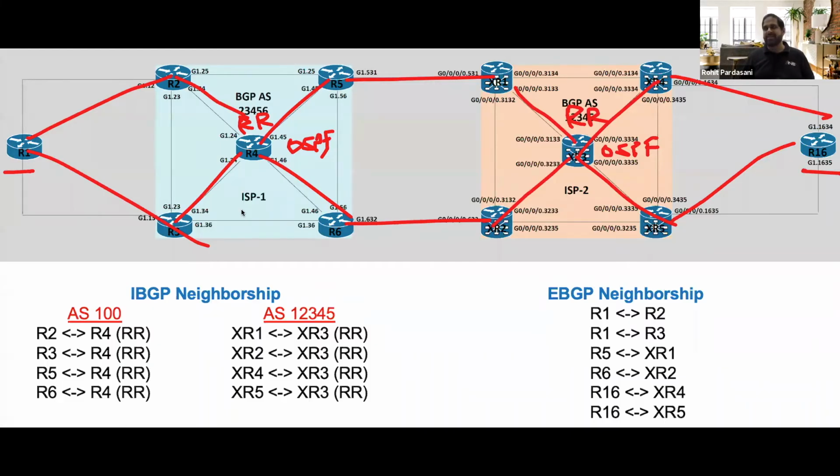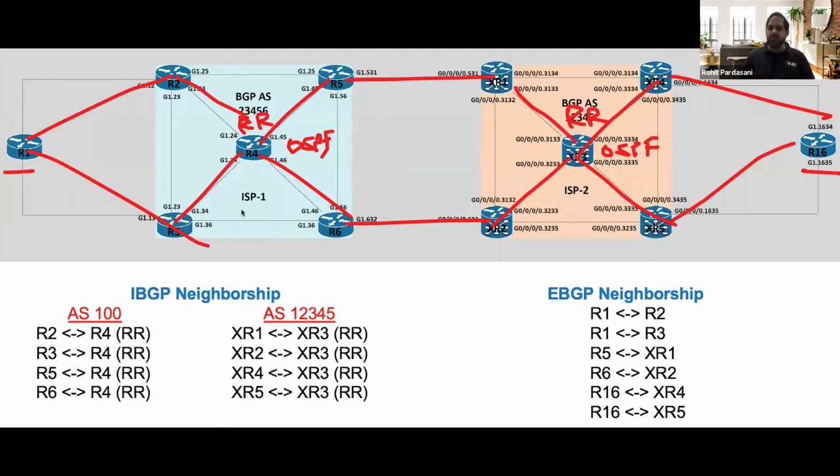I could set the weight directly on the neighbor without using a route map. But the problem with that is that I'm not really matching a route or an AS, which basically means it would force router 1 to take router 3 as an exit for all destinations. So you don't really want that.